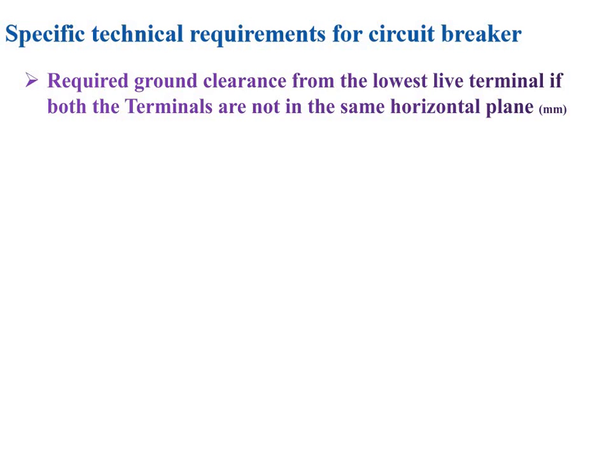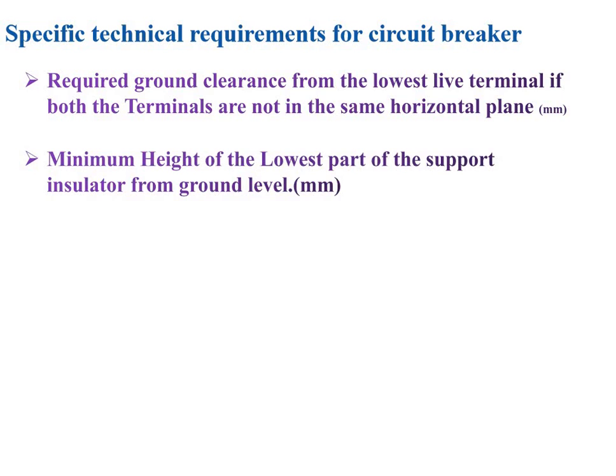Means the clearance of the live terminal from the ground is required to be mentioned. Again, that is decided by the voltage of that circuit breaker or system voltage. So that adequate clearance should be there between the live terminal of the circuit breaker and the ground. So that also you have to mention.